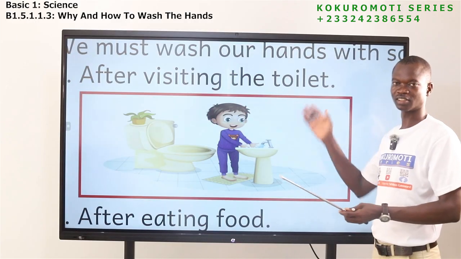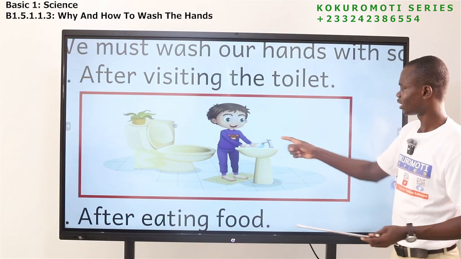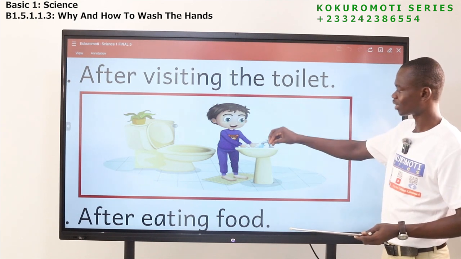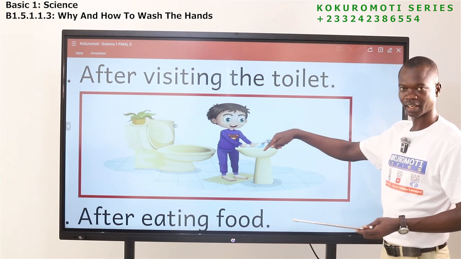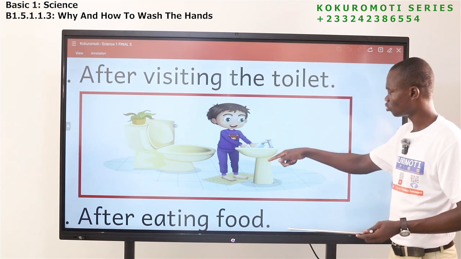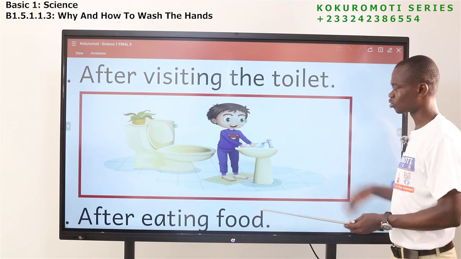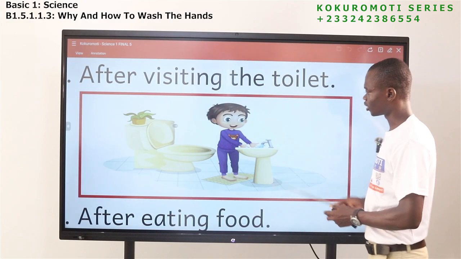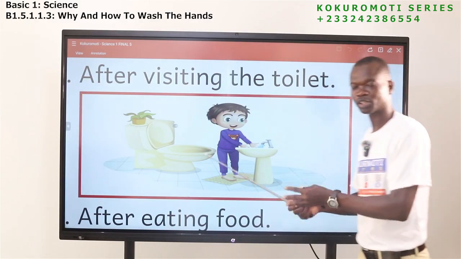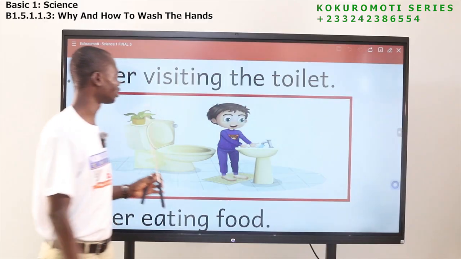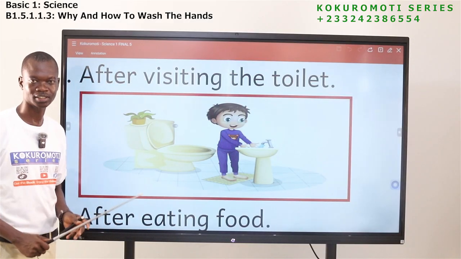Running water. You see, it goes like that. It passes here and goes away. It doesn't remain here. It passes through the pipe and then goes outside. So that is running water. Okay, so what time or when must we wash our hands? We must wash our hands after we have used the toilet or visited the toilet.